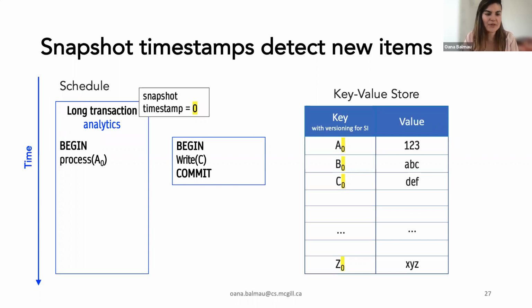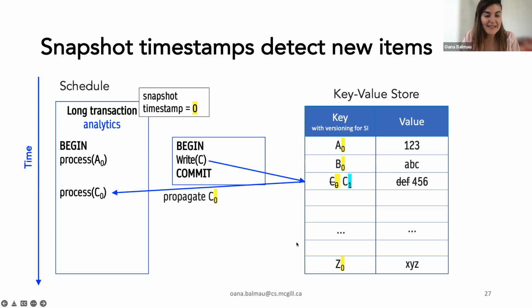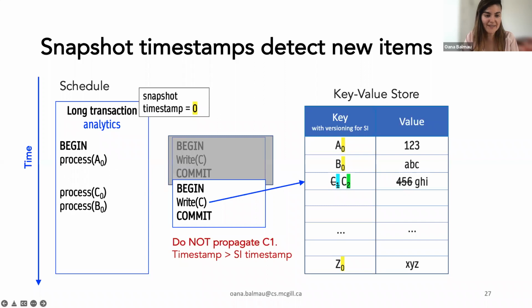Now let's go back to the previous example where we have a long transaction and the short update. The snapshot timestamp that we track is 0. Now let's assume that we want to update C. As before, we propagate C0, we process it out of order, and we continue the processing in the analytics transaction with B. However, let's say that C is a hot item and it will get updated again.